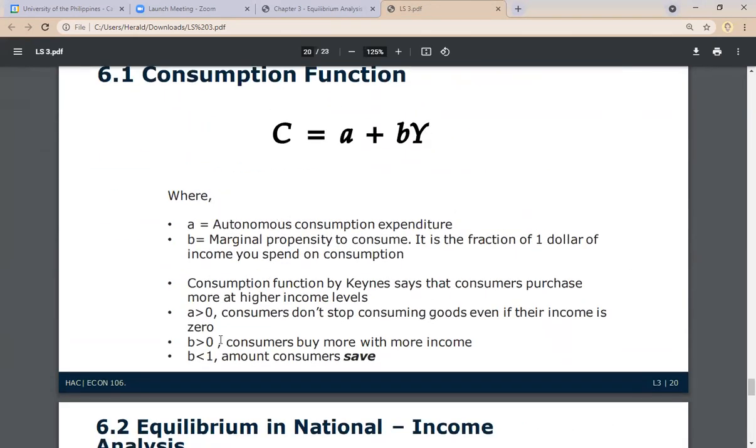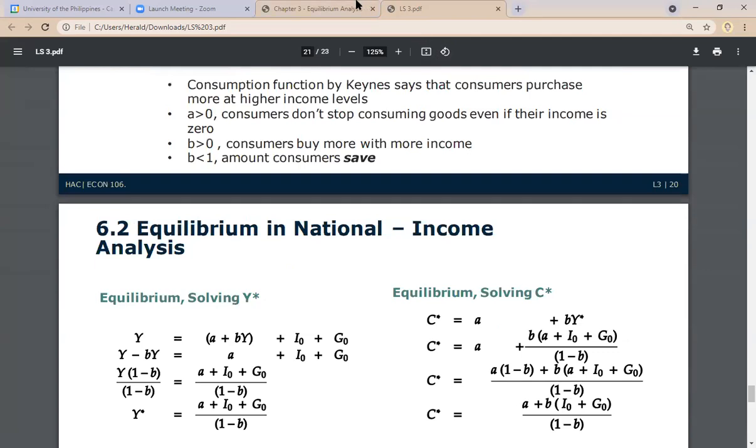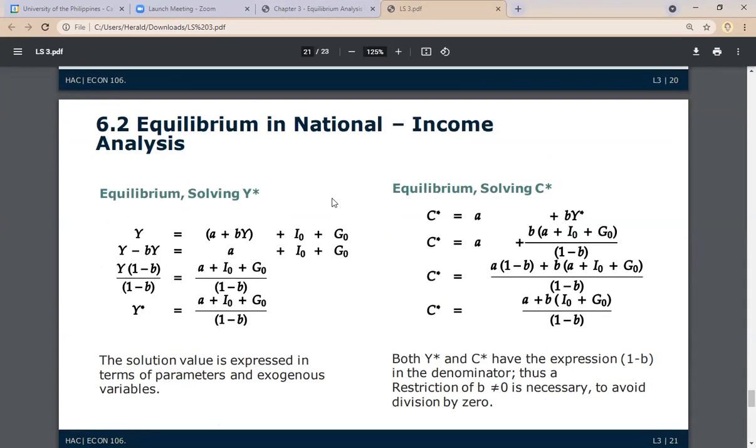Do we have a question, class, on how we obtain y star and also how we obtain C star? Okay, so I hope it's clear, class.